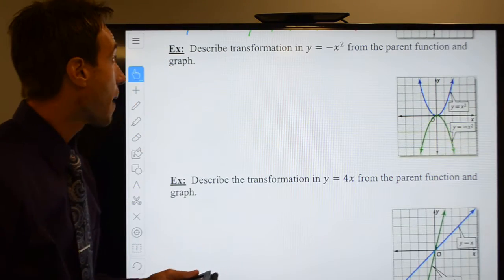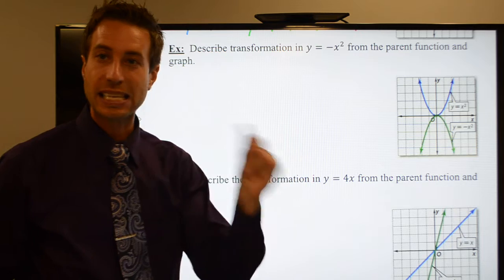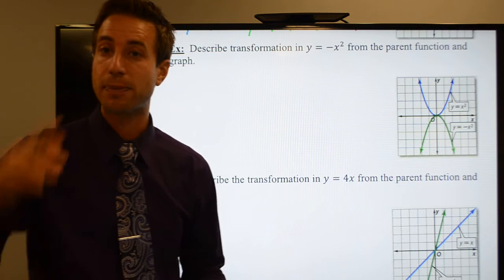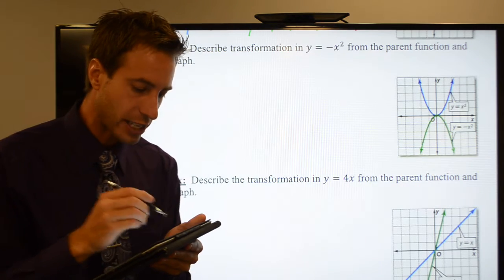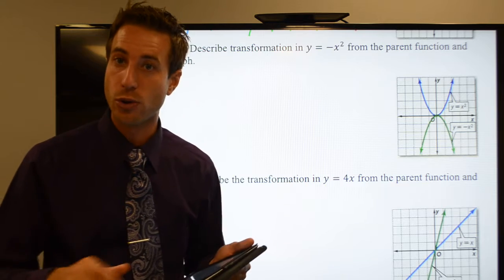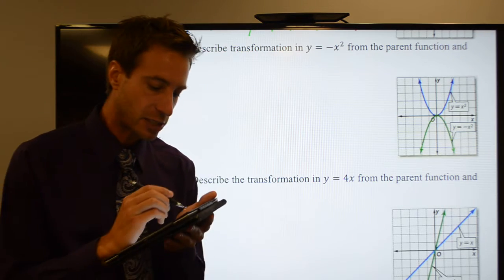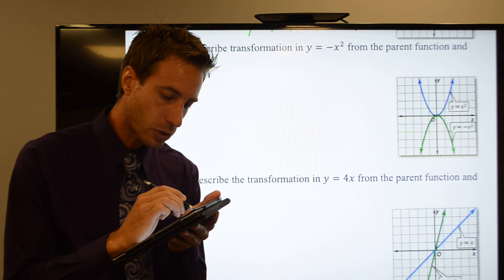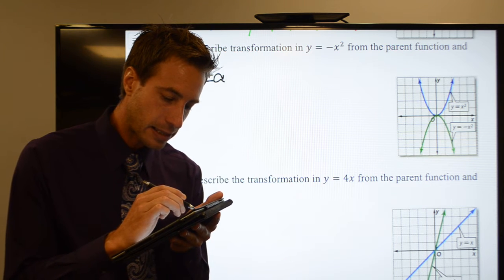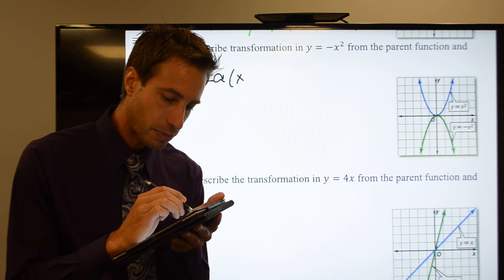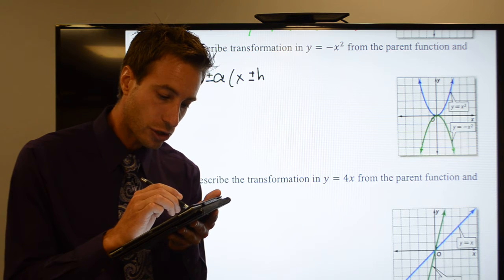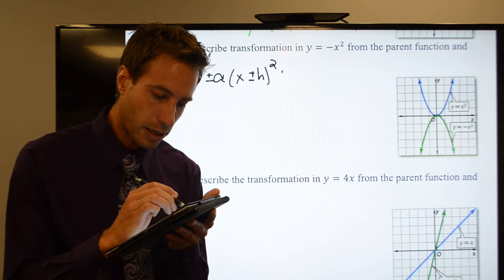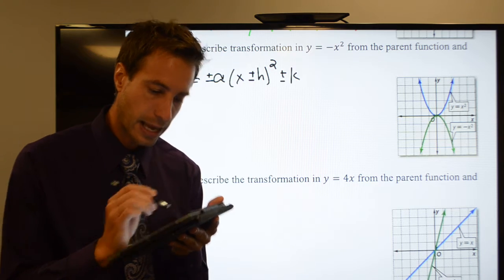All right, here's what I've got. In this one, I recognize it immediately as the quadratic because my x is squared. So let's write out our general equation from the previous page. We know that y is equal to plus or minus a times the quantity x plus or minus h, squared, plus or minus k.